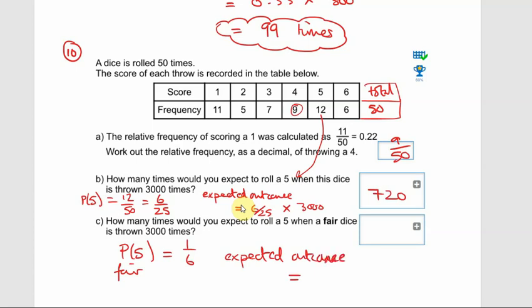So the expected outcome for this one would be 1/6 times by 3,000. And that is going to get us 500. So 500 times we would expect it. Okay, that's all the answers for this one.